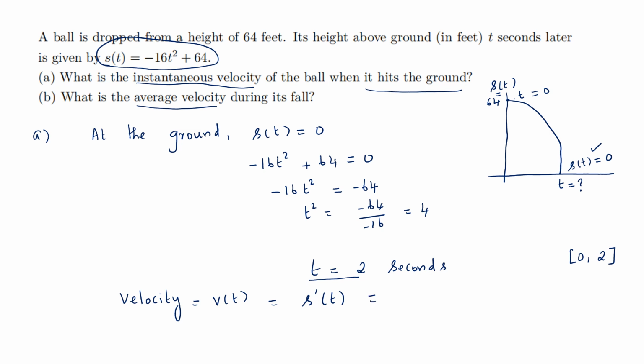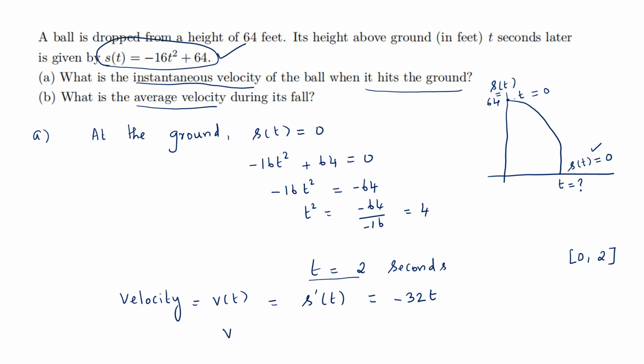So s of t is given here, minus 16t square plus 64. Derivative of minus 16t square is minus 32t, and the derivative of plus 64 is 0. So minus 32t is our s dash of t, or v of t, velocity.